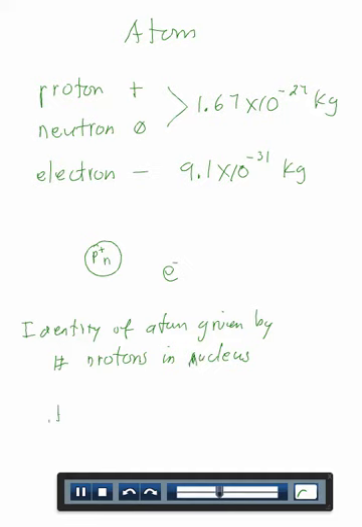All hydrogen atoms have one proton. All neon atoms have 10 protons. All carbon atoms have 6 protons, but they can have varying amounts of neutrons.